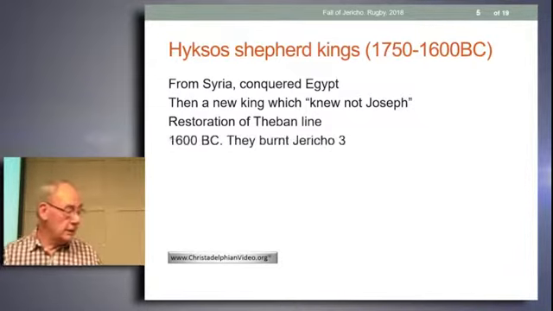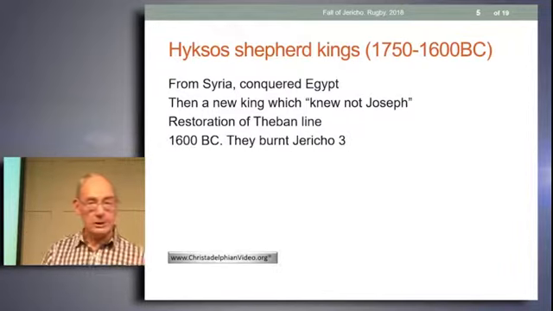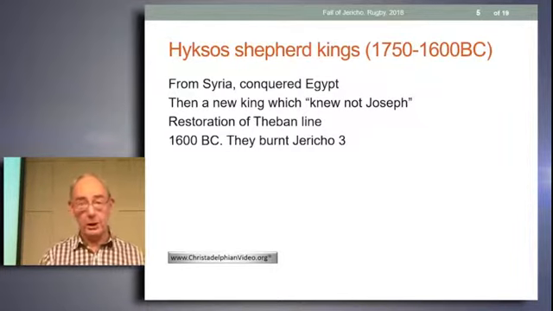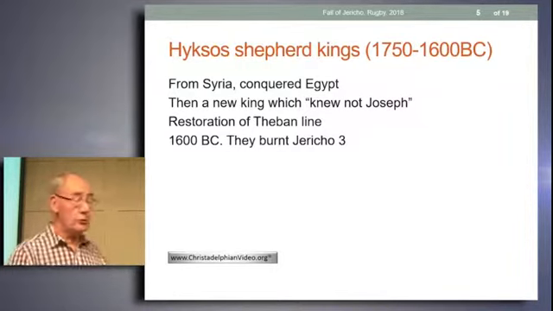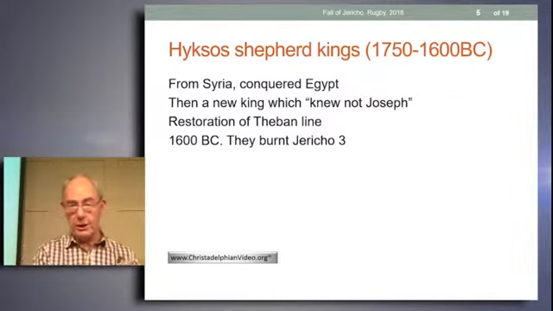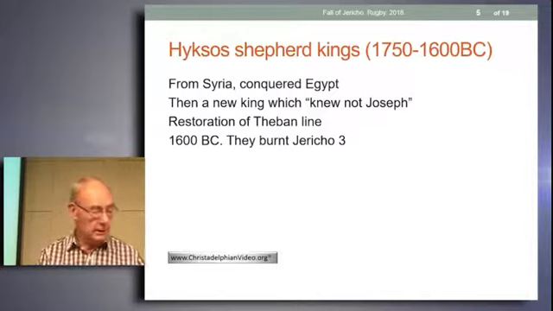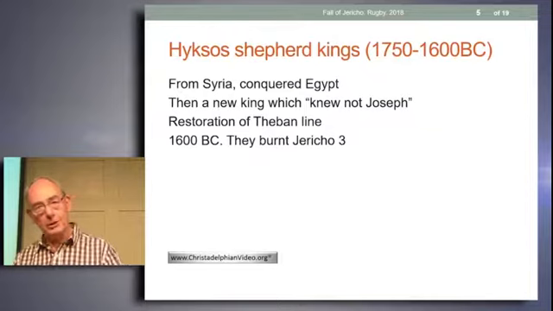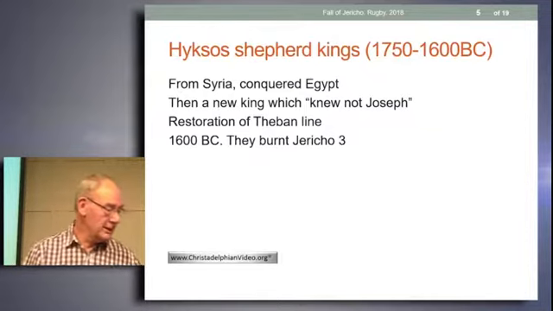And in BC 1600, which was right at the end of the Hyksos shepherd period, they burned Jericho. This is Jericho 3. We call it Jericho 3 because remember those 4 Jerichos. The Hyksos was the Jericho 3, quite a large city. In 1600 BC, when the Thebes got going, they burned the city.